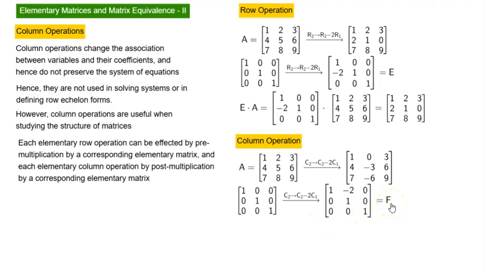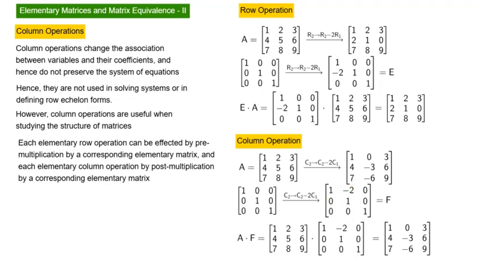So let's say this is F. So this is another elementary matrix. Now if you multiply A and F, that is post multiplying A by F, we get 1, 0, 3, 4 minus 3, 6, 7 minus 6, 9, which is the same as the result of applying this operation on A.